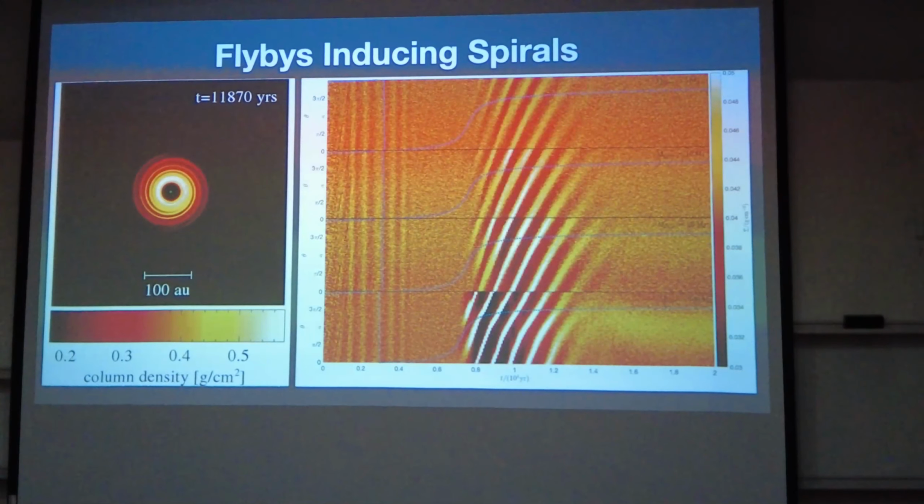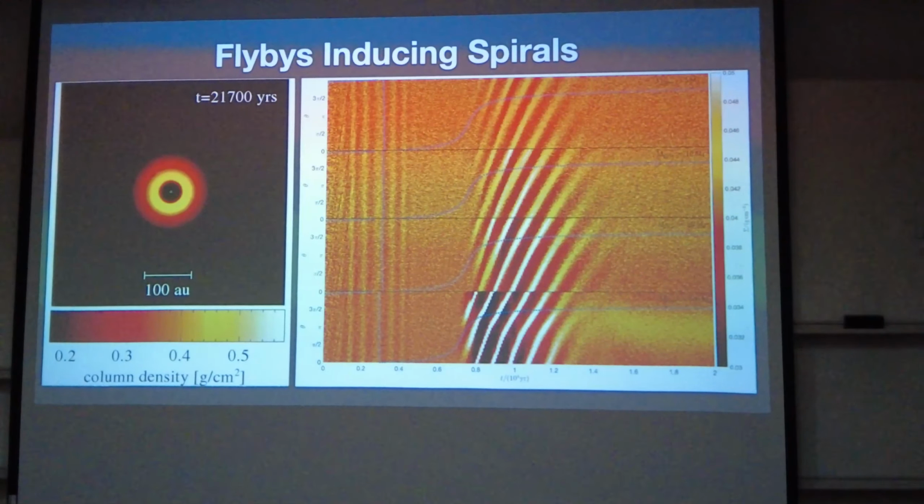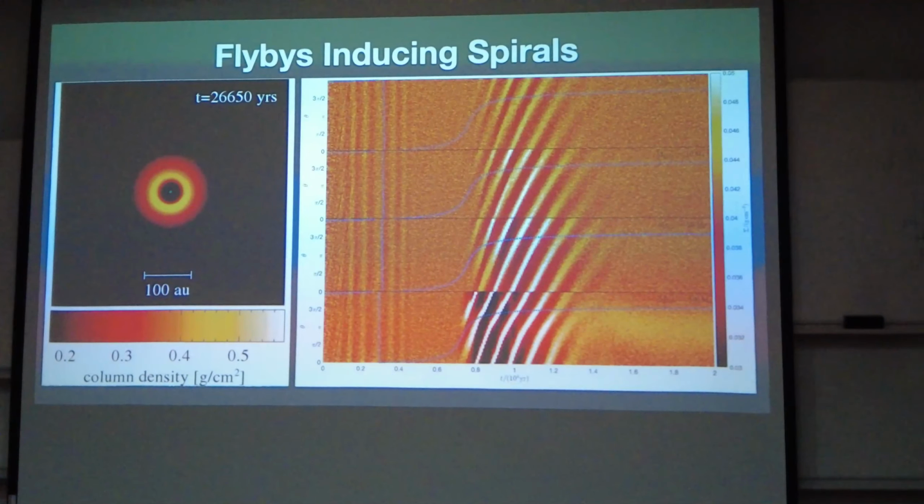The right panel is looking at the density of these spiral arms for different perturber masses. The top one is 5 Jupiter masses, and the bottom panel goes up to 100 Jupiter masses. You can see that as you increase the flyby mass, the spiral arms become more prominent. You can go to the next slide.